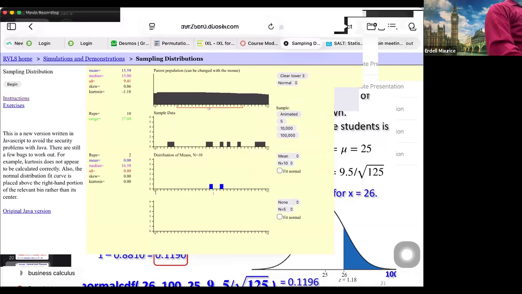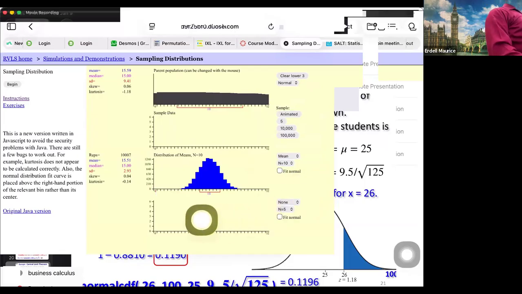So I'm selecting 10 people at random, and I'm taking the average. If I did this 5 times or 10,000 times, the distribution of the averages will look like a normal distribution. Remember the blue are your averages? The distribution of your averages will look normal, i.e., most of the scores are at the center, and then it tapers off as you go left and right.